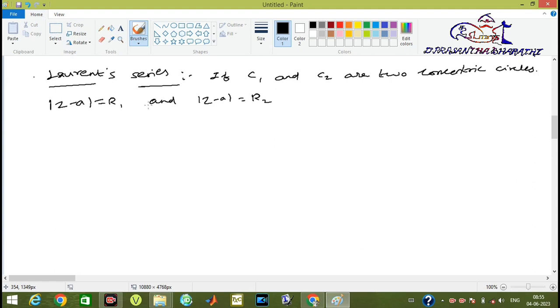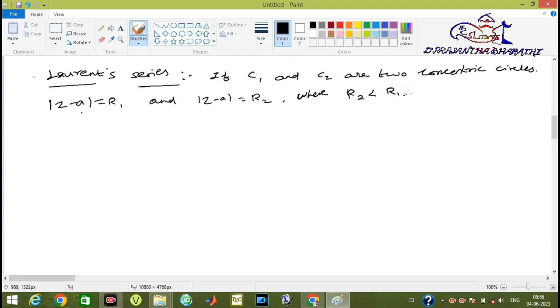Since they are between the concentric circles, both of them share the same reference side, but we define that R2 is less than R1.